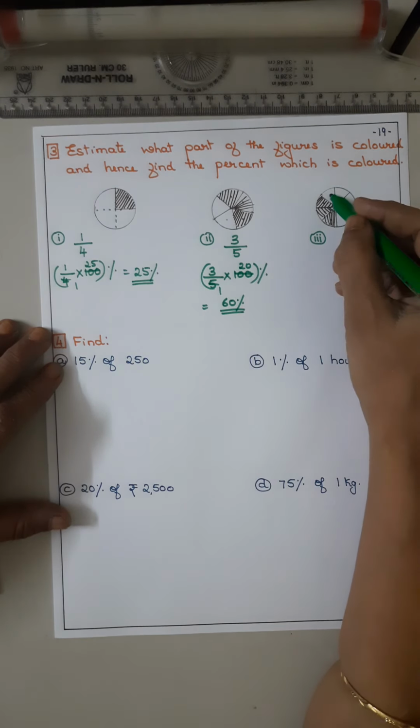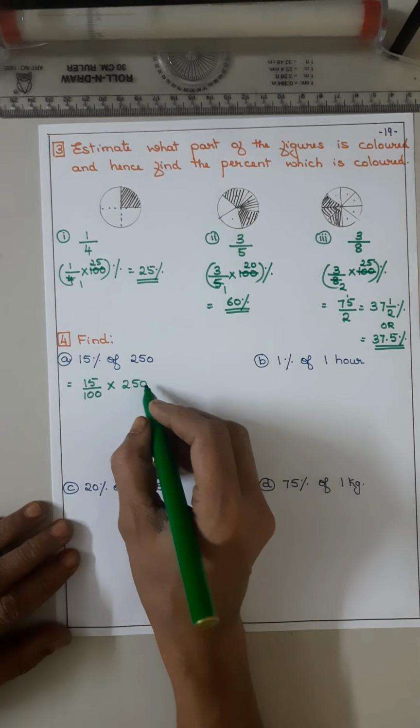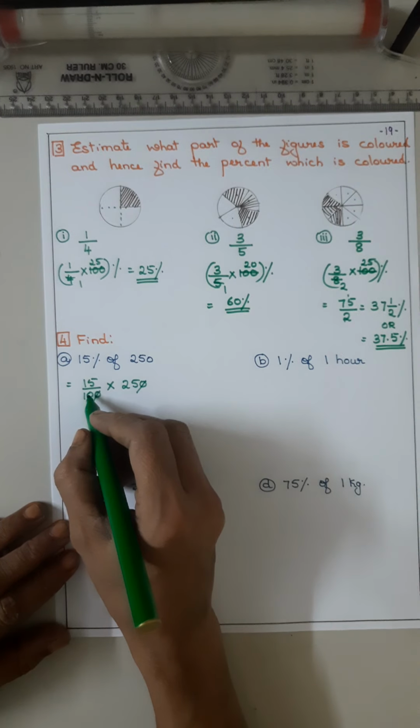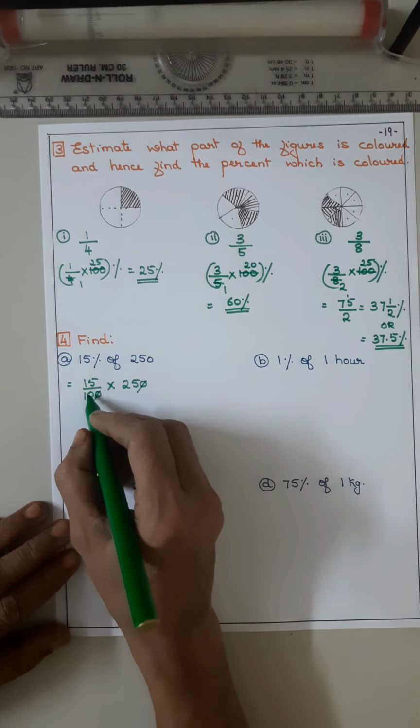Now coming to the fourth question. Find 15% of 250. 15% is written as 15 by 100. Of means multiplication, and 250. Now 0, 0 cut. Now it will be 5 twos are 10, 5 fives are 25.